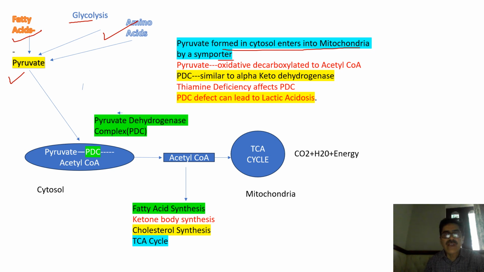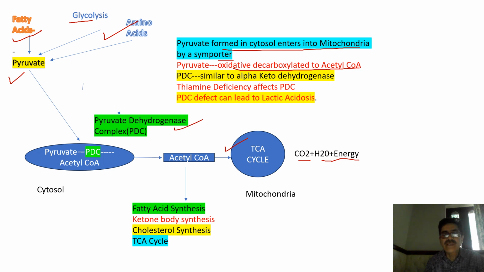Now pyruvate undergoes oxidative decarboxylation to acetyl coenzyme A under the influence of the pyruvate dehydrogenase complex, which we have seen in the previous video. Now acetyl coenzyme A has to enter the TCA cycle. It gets catabolized or degraded to carbon dioxide, water, and with release of energy.